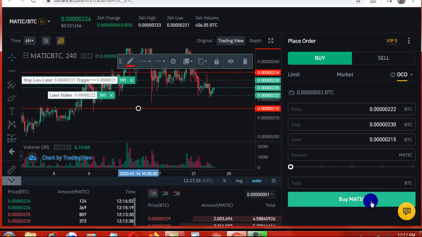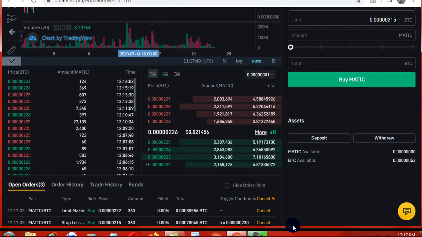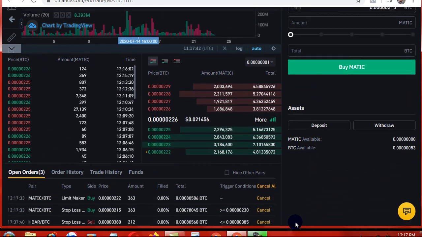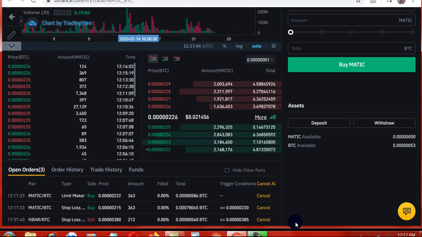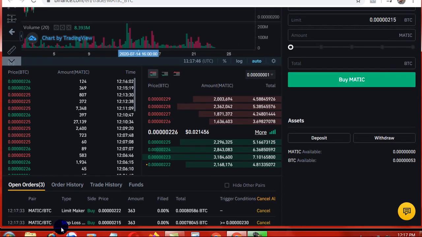So let's assume we place our buy, then the order is filled. If we move down to where the order is, we can see that the two orders were placed at the same time. What it's saying here is, if it comes down to 215, it will buy this quantity. Then if it goes to this other region, it should also buy.